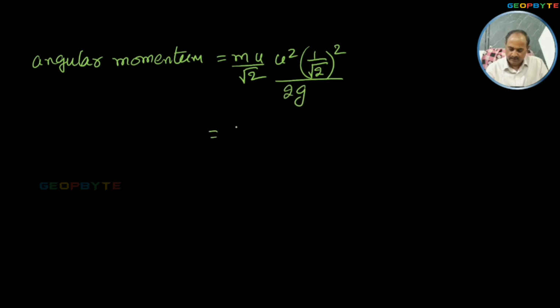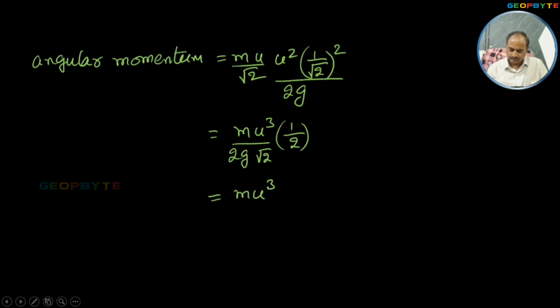Simplify this value. It is m u cube into 1 by 2, by 2g, into root 2, which is equal to m u cube by 4g into root 2.